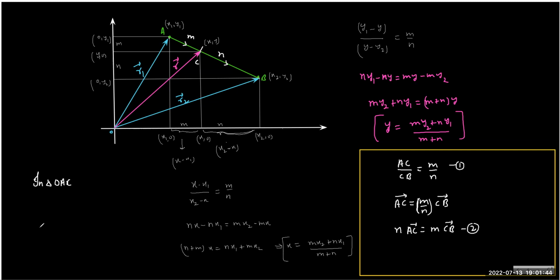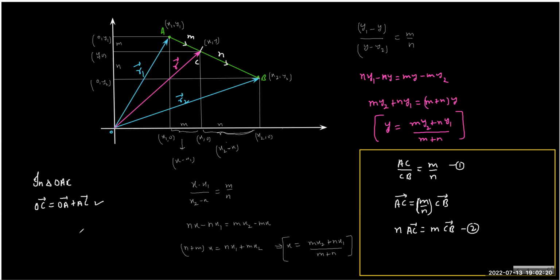Okay. So go ahead and tell me, how am I going to write AC? So OC is equal to OA plus AC. OA plus AC is the right answer. Very good. Excellent.